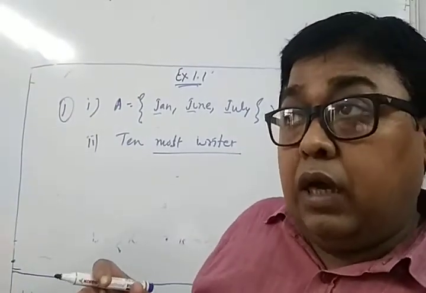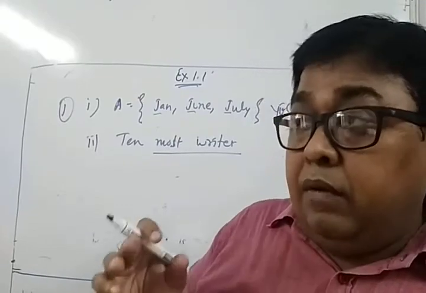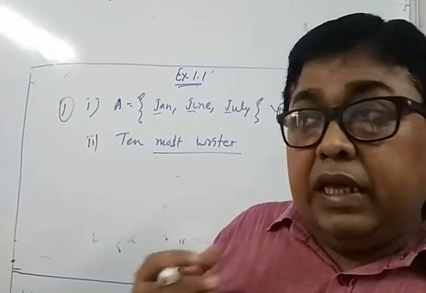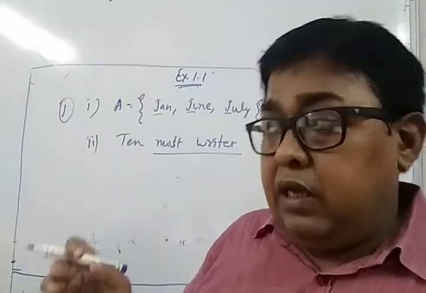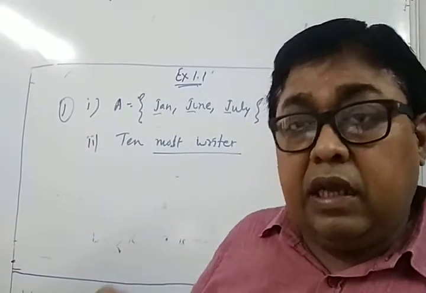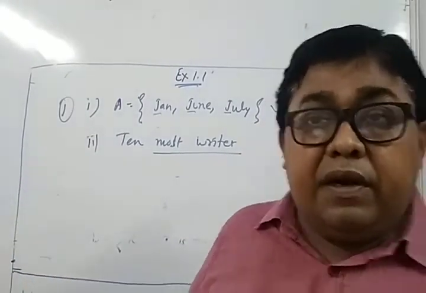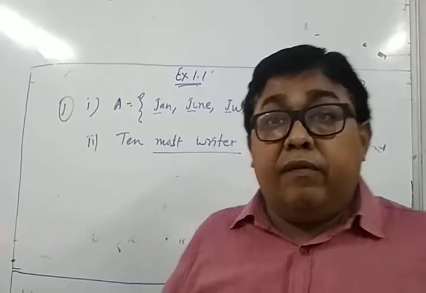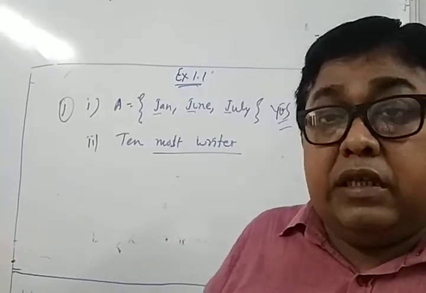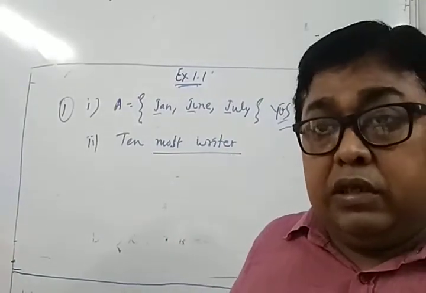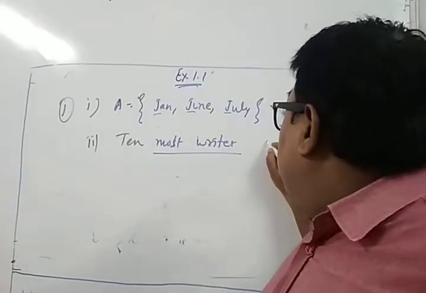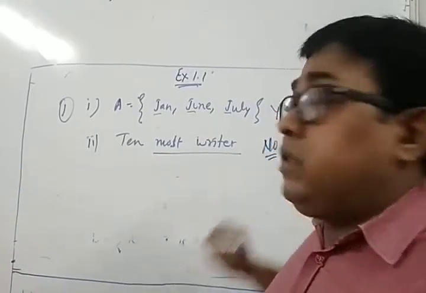So it is by our choice. I can like 10 writers and any other person can like 10 other, different writers. So here it is not well defined. It is person to person, their choice. So the answer is no, it is not a set.